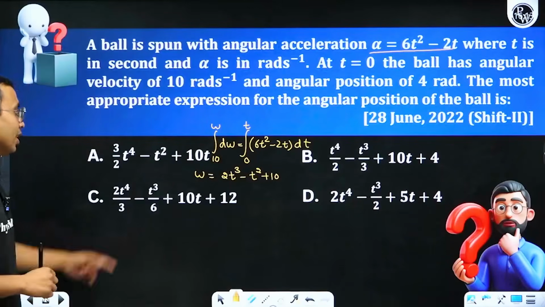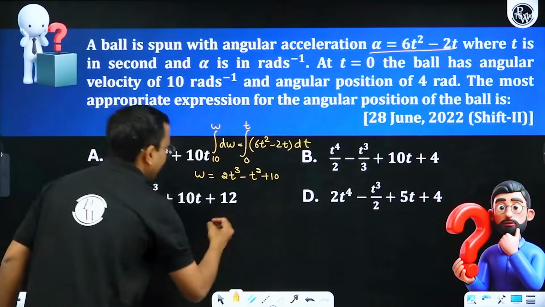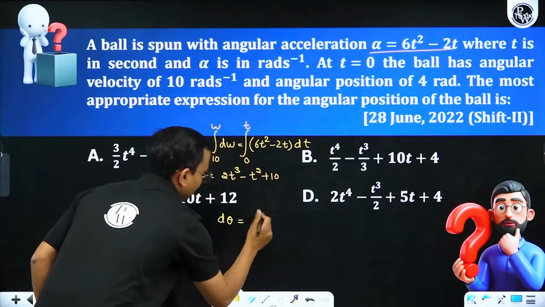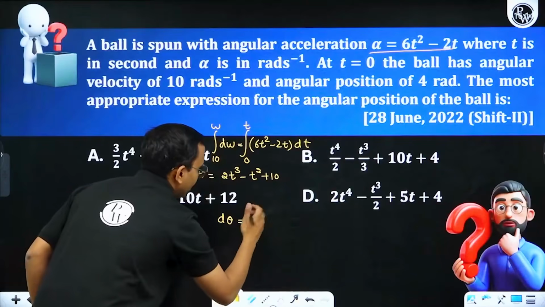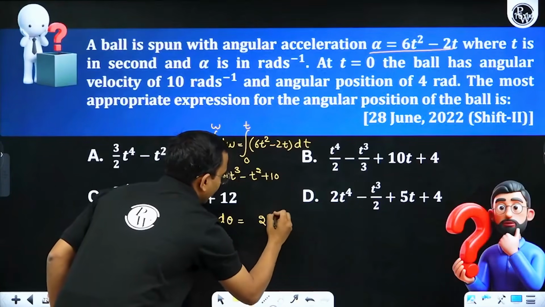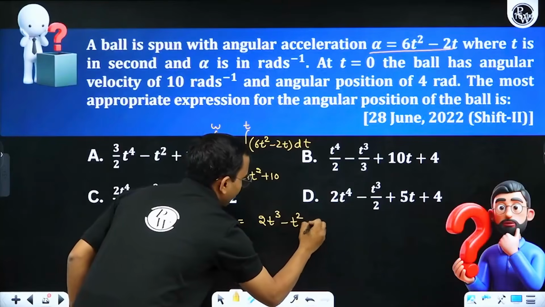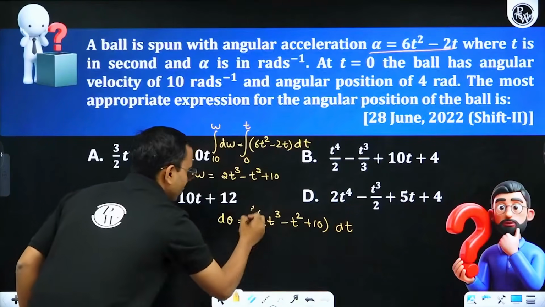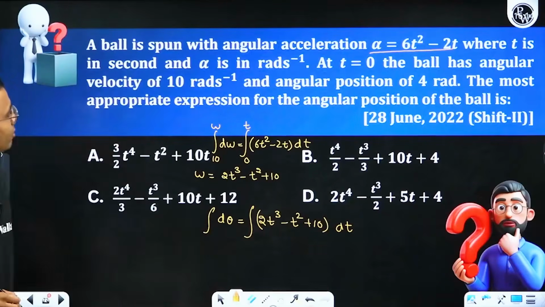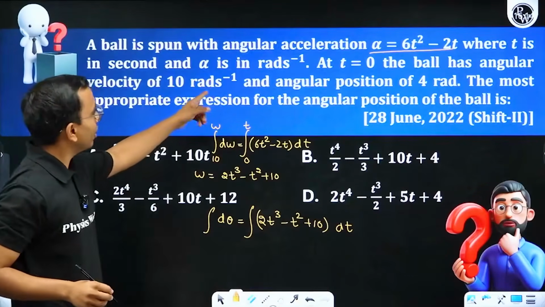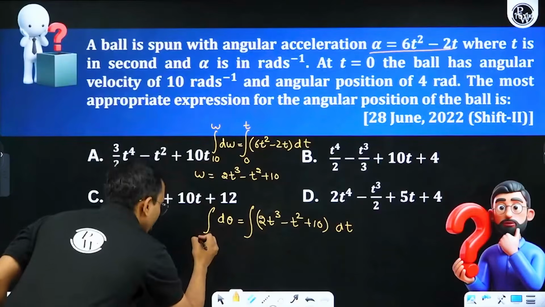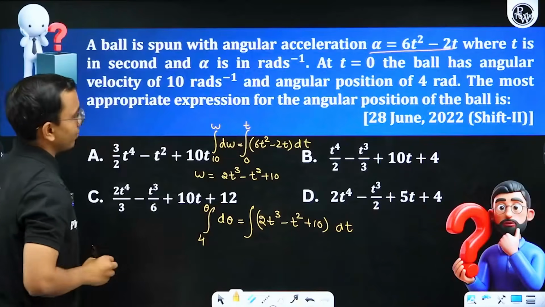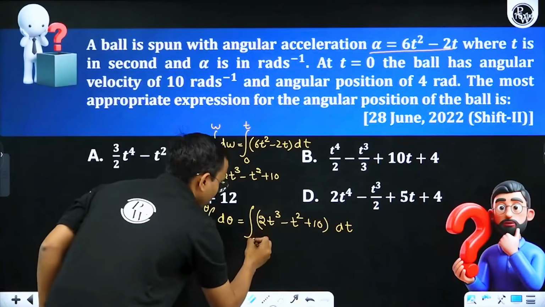Everything is perfect? Yes. Now this omega I'll write as d theta by dt. So d theta is basically 2t cube minus t square plus 10 into dt, integrating both sides. Theta changes from its initial value at t equals 0, which was 4 radian, to some theta, the position, while time goes from 0 to t.